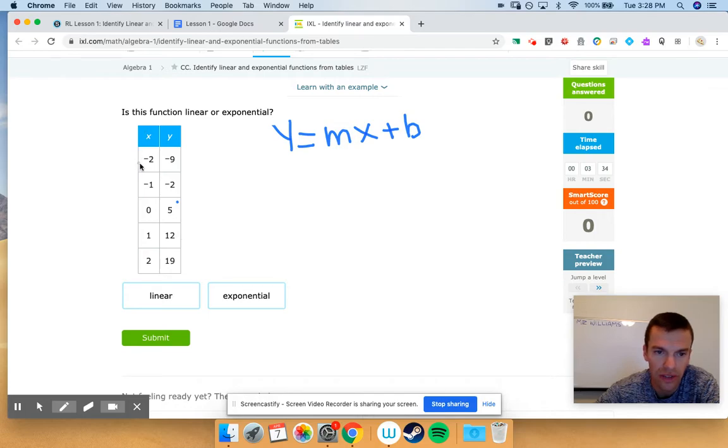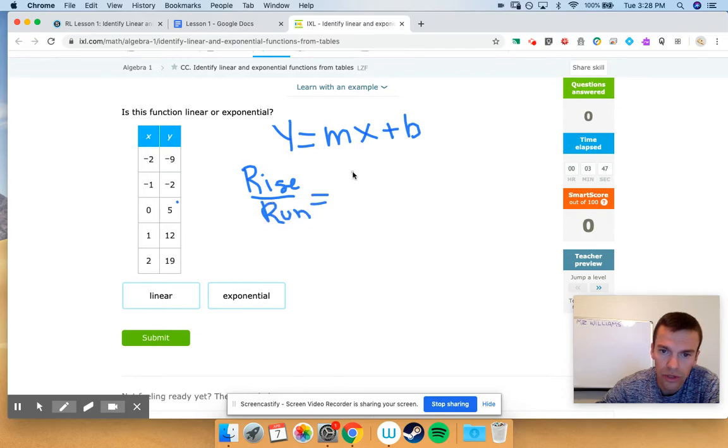So let's just see if it is. And remember, when we're finding our slope, it's rise over run, which is equal to the change in y over the change in x.